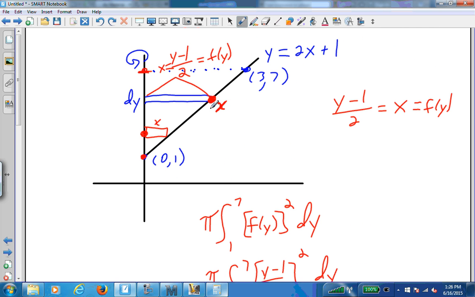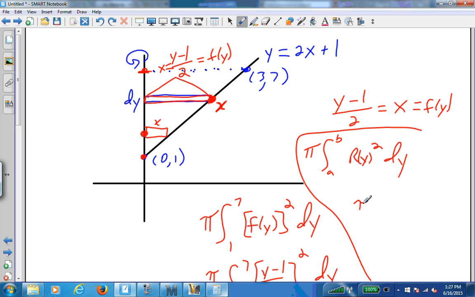So rotating that around the y-axis, so having a sample element of dy. So if we rotate and our sample element is dy, then our volume is pi times the integral from a to b of r of y squared dy.